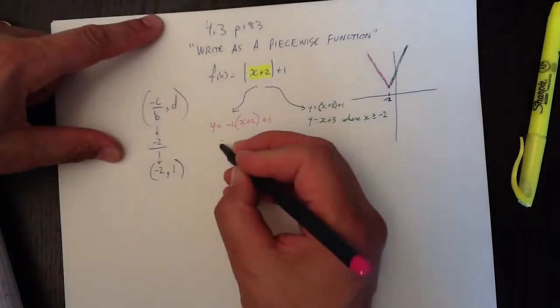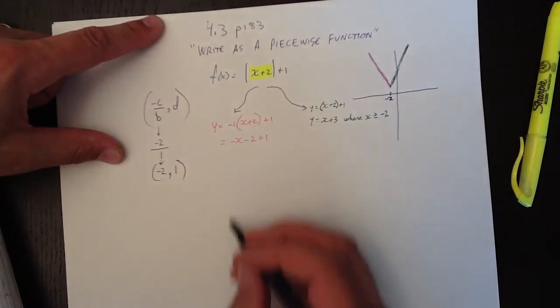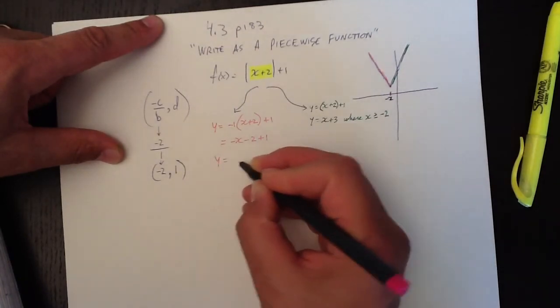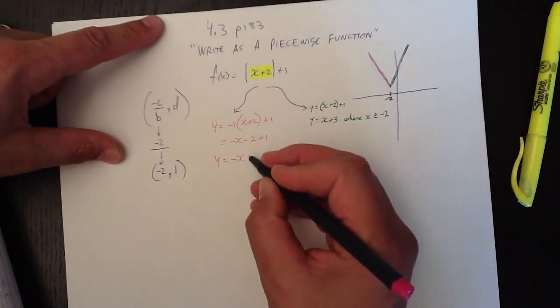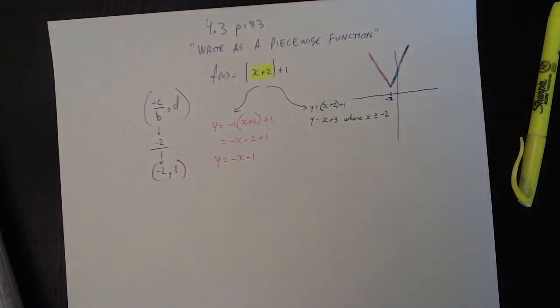And so I work that through, I get negative x minus 2 plus 1, which is also known as y equals negative x minus 1. Y equals negative x minus 1.